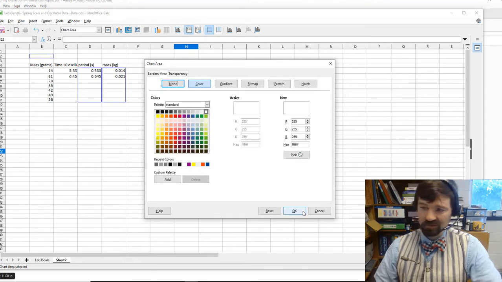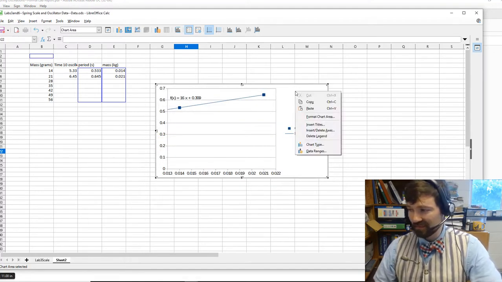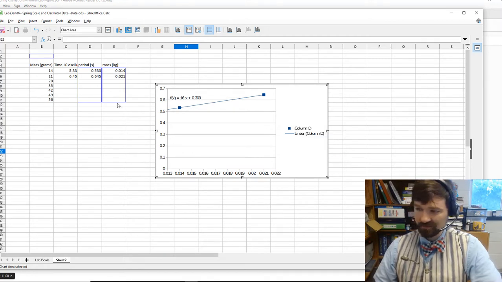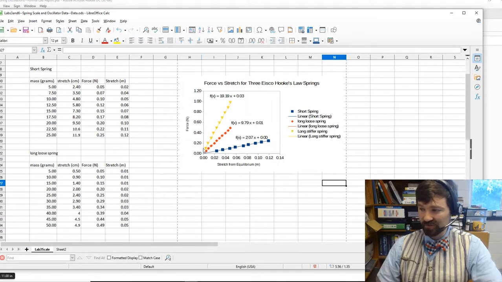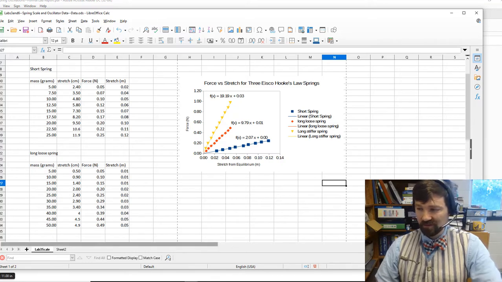In the area you can change colors and whatnot. That part's not terribly important. And you'd obviously want to put in the labels like what I have over here with these right here.